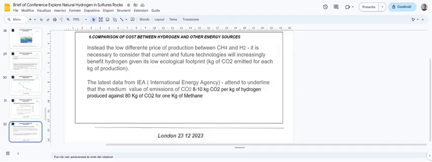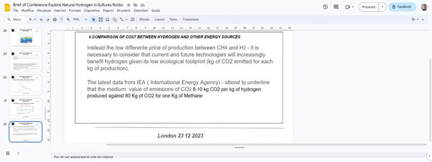What we can underline is that despite the low difference between the price of production of methane and hydrogen, it is necessary to consider that current and future technology will increase the benefits of hydrogen given its low ecological footprint. The footprint is the kilos of carbon dioxide emitted for each kilogram of production.